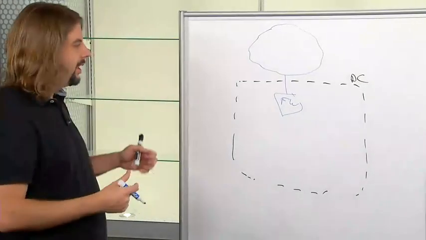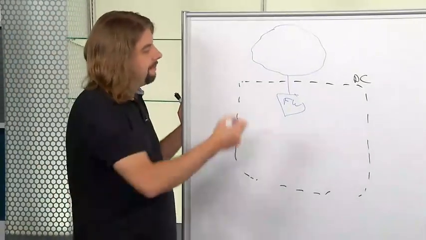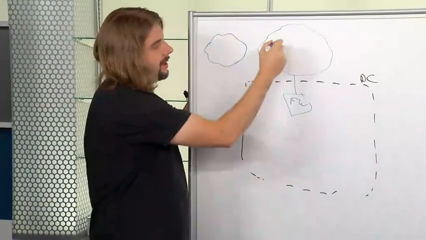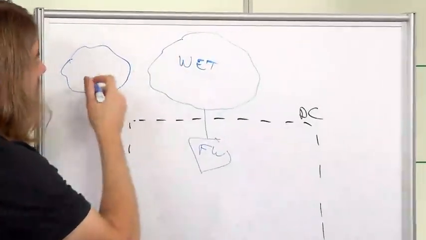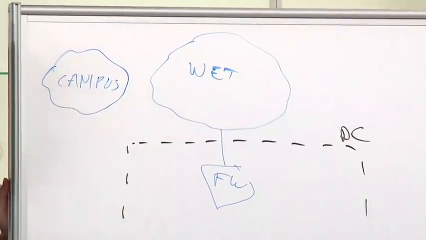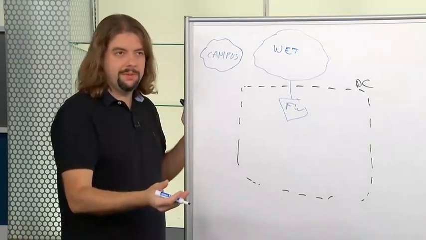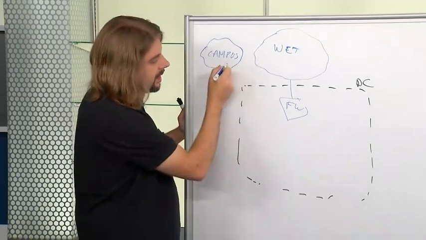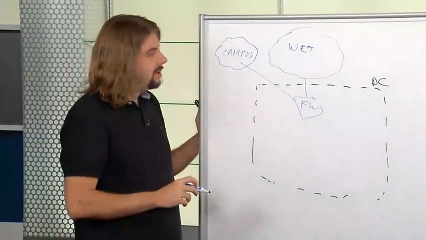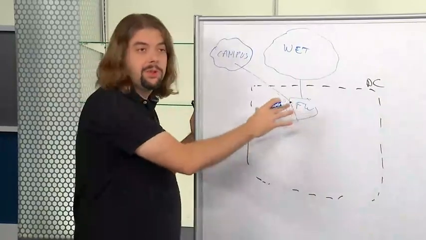Okay. Let's see if we can add on to that. And let's say we have here another cloud. This one would be internet. And let's just say campus. Titration is a DC product, right, Tim? Yes. Although it has visibility into the campus and provides identity from it, right? Okay. So we have those, and let's go to the DC edge.